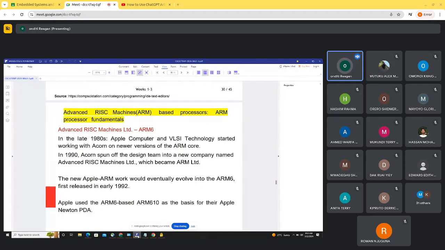The M versions come with the M0, M3, M7, and so on. So what are these? We need to understand what are these ARM microprocessors or ARM controllers that are used on our Arduino, on our embedded system.